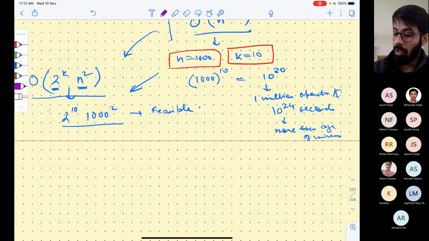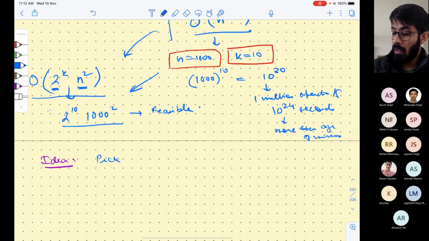And how does the algorithm work? The idea is very simple. Pick an edge. One of u and v must be in a solution, in any vertex cover.